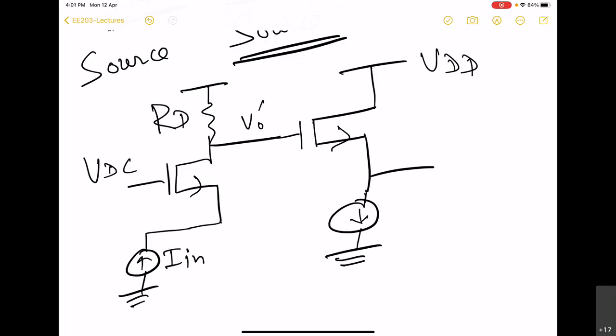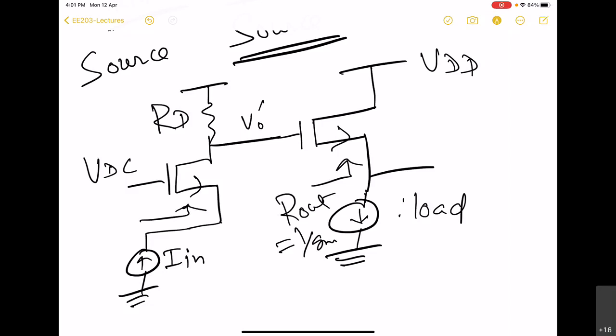So we will have typically the load here, and we have used a current source here so that this impedance or resistance is as low as possible. That means 1 by gm. And here also you can see that Rin is equal to 1 by gm, the lowest possible that you can get out of a MOS.